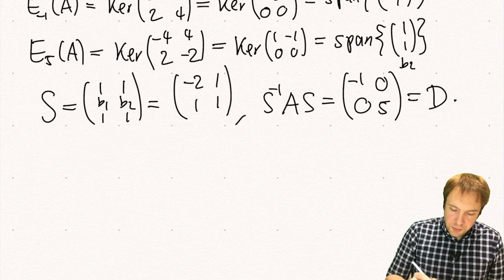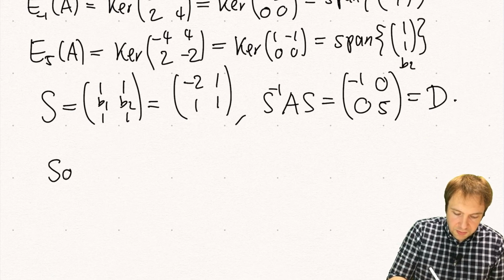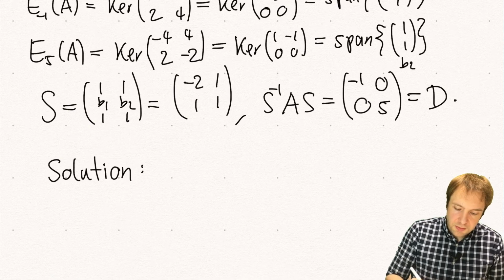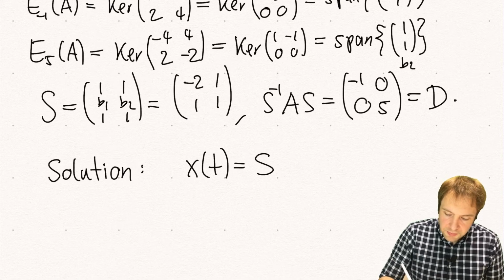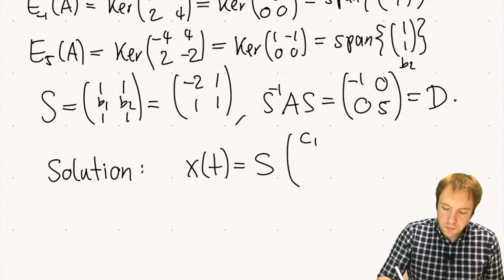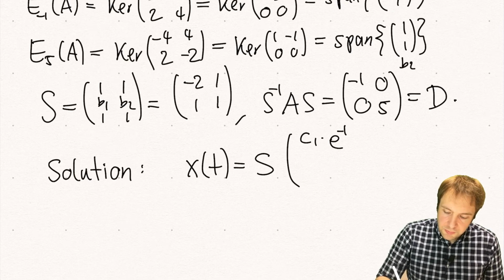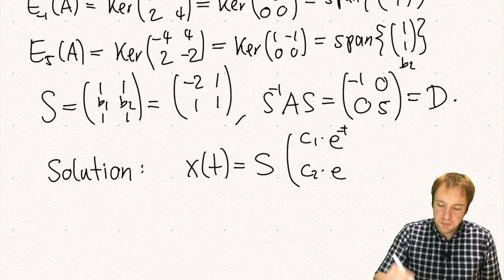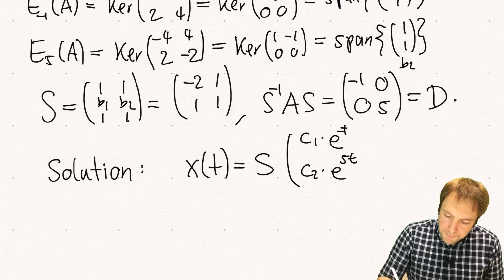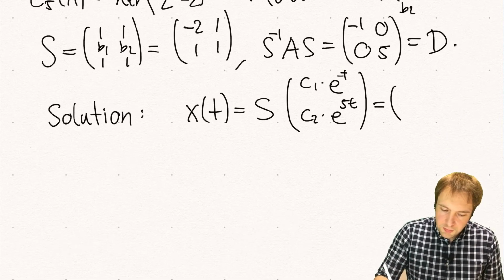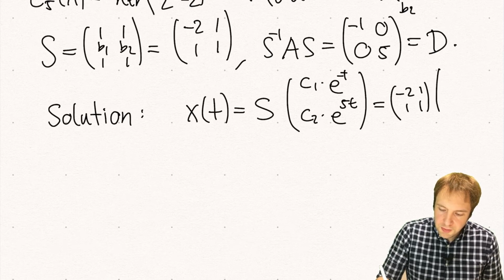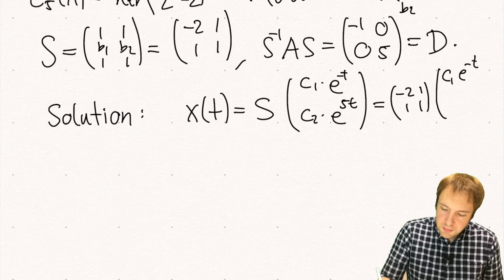So first, the solution with the strategy is that our X is the matrix S times some constant c1 times e to the first eigenvalue times t, so it's e to the minus t, and c2 times e to the second eigenvalue 5t. So the matrix S is this, and we multiply with this vector here, c1 e to the minus t, c2 e to the 5t.